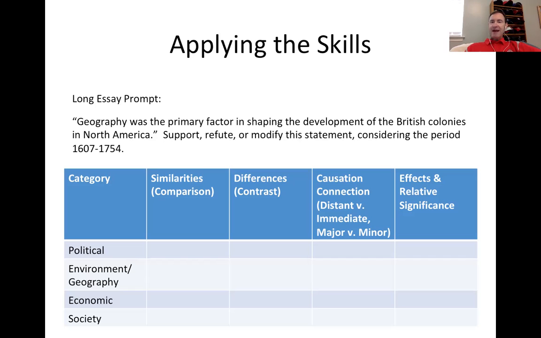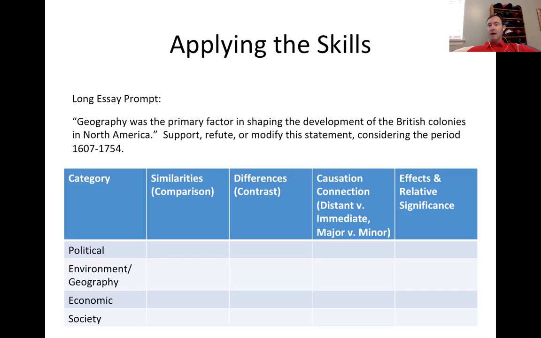But if you think about it, what does refute mean? Reject. This statement is not completely accurate. Is it somewhat accurate? Well, if it is, but there are other factors that affect the settlement, then that requires you to modify.